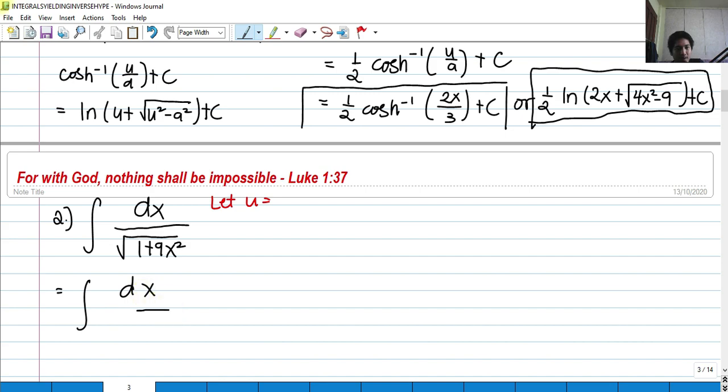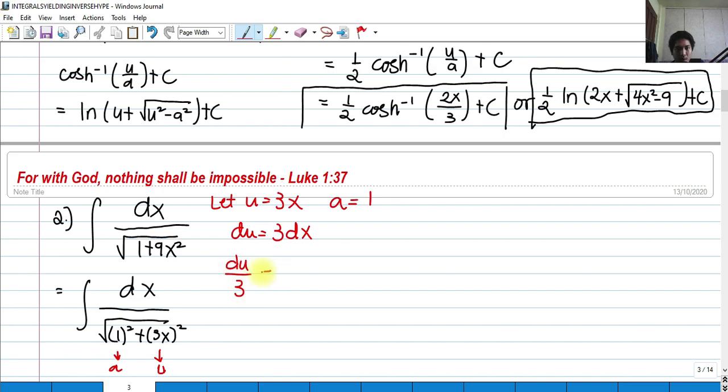We have dx all over the square root of 1 squared, which is still 1, plus 3x squared. Here this would be our a, and this would be our u. So our u would be 3x. Differentiating this, we get du equals 3 dx. The value of our a here is 1. Expressing this in terms of dx, that would be du all over 3.